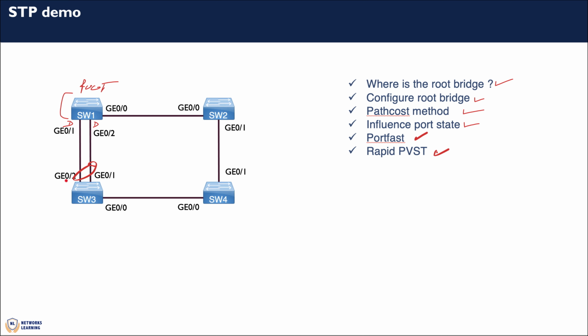One of these 2 ports on switch 3, either gigabit 0/1 or 0/2, would be the root port, and the other one will be in blocking mode. So based on what we have discussed in the previous session, the tiebreaker will be the lowest port ID. So in theory, it is gigabit 0/2 that should be the root port.